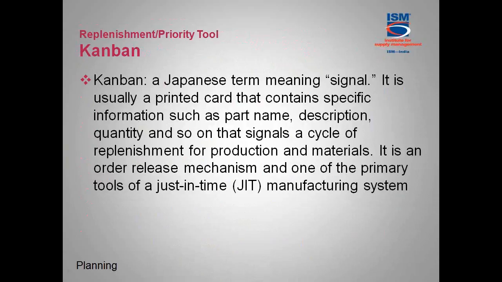Or it can be a bin, an empty space, or lighting signals. Nowadays Kanban has changed tremendously, and we can do a variety of Kanbans. One particular thing: the number of Kanbans in our system will define how much inventory you are carrying in your system.